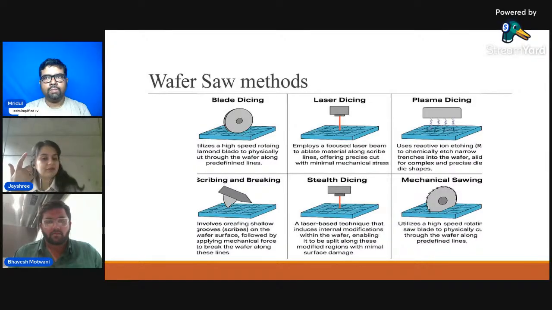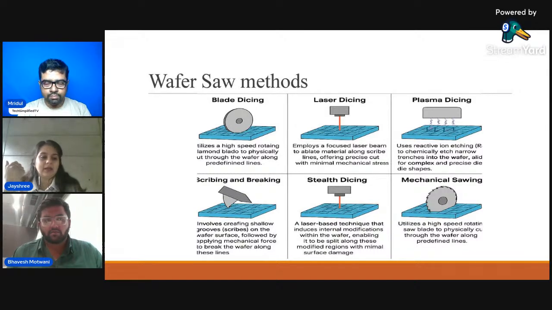So firstly we will discuss the pros. It's contactless, so we are not damaging the wafer, and most important, there is no use of our hands. Contactless, it is ideal for brittle wafers, and it gives clean cuts with minimal problems, so it's easy to remove.